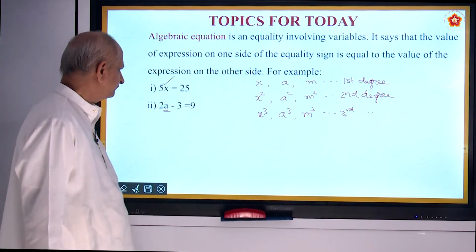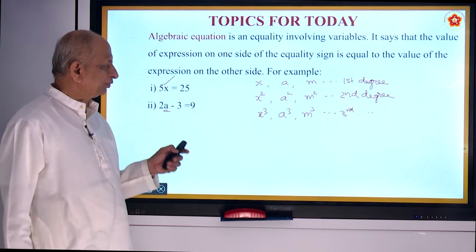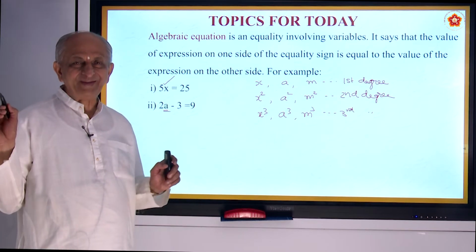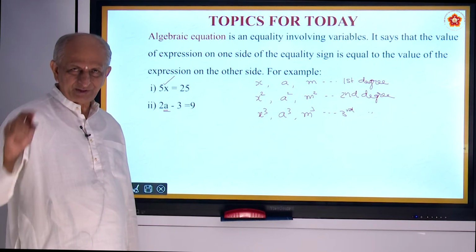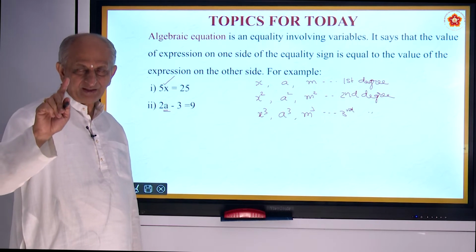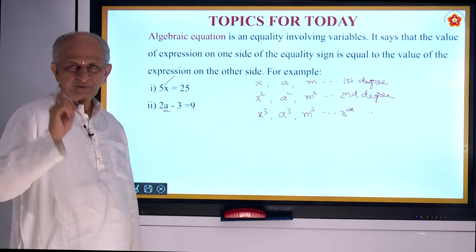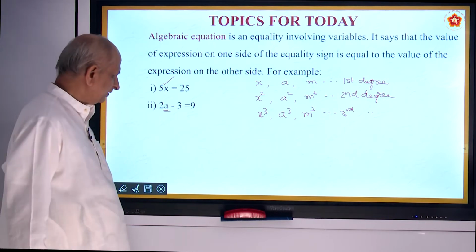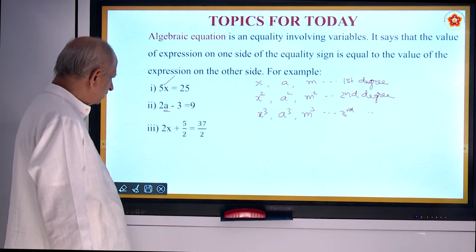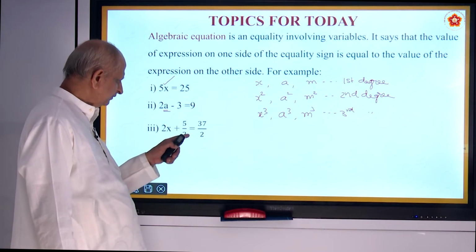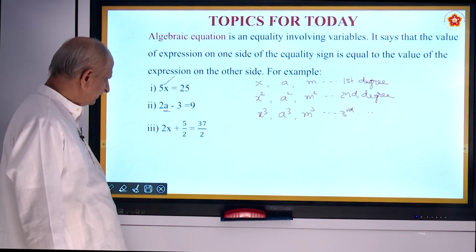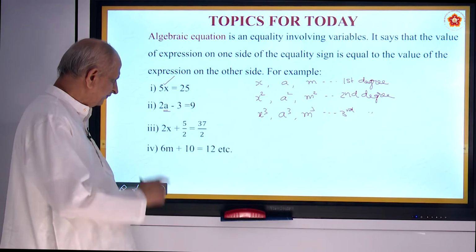Okay. So now we are discussing only linear equations. A linear equation is an equation in which there is only one unknown of 1 degree. Now this is another linear equation. I am showing different types of linear equations.